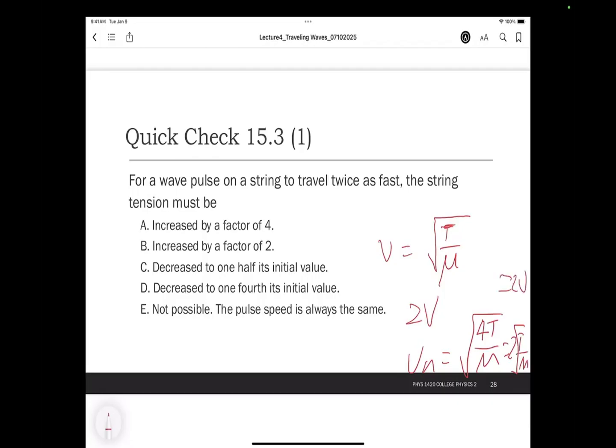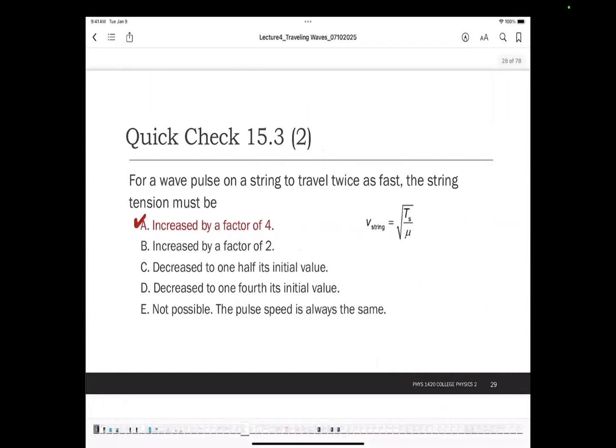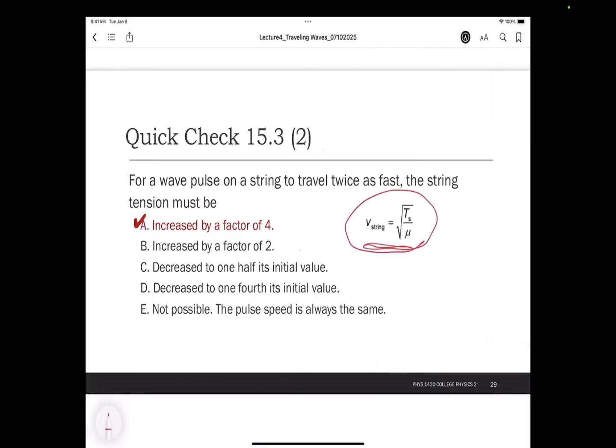Does it make sense to you? So the answer should be A. We just use this equation. Just try to remember this equation, and what is mu? The linear density. It is m divided by L. Does it make sense to you?